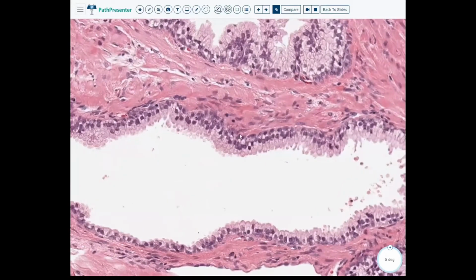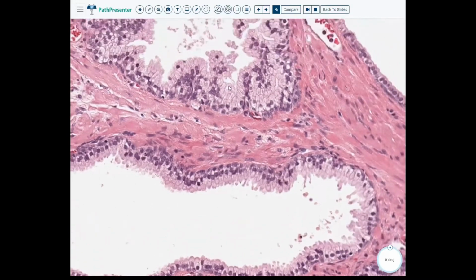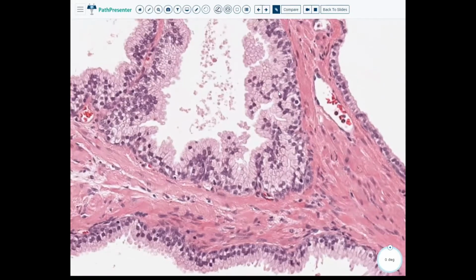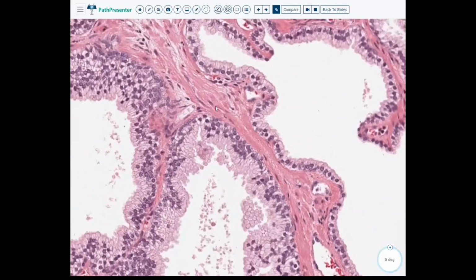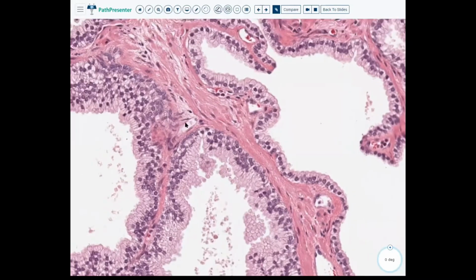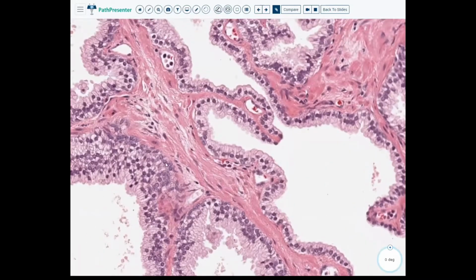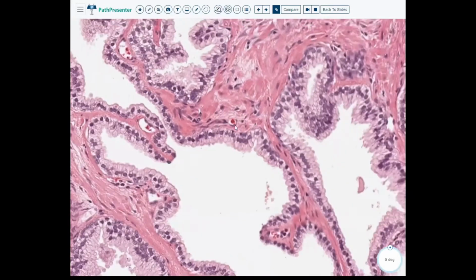And again, just kind of getting used to what your prostate looks like. So you have these luminal cells that are very tall, have ample, slightly granular to clear eosinophilic cytoplasm. Maybe some basal cells hanging out here.